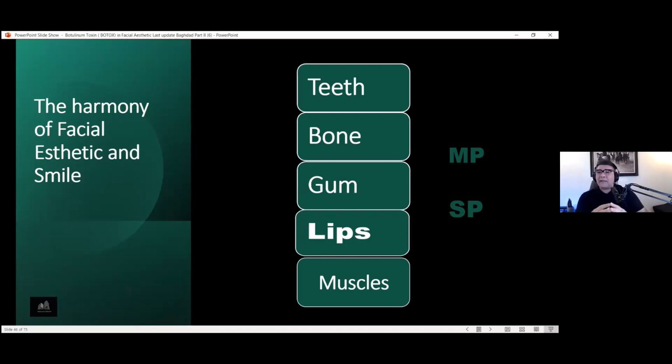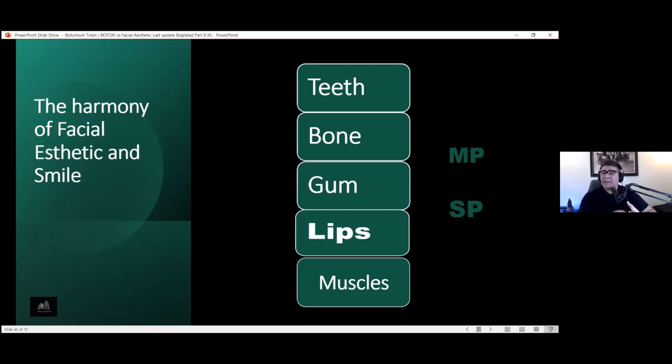So when you get a patient with excessive gingival display or gummy smile, which is aesthetically unacceptable from your patient's side, and maybe after evaluation from your side too. So the evaluation should be based on what?